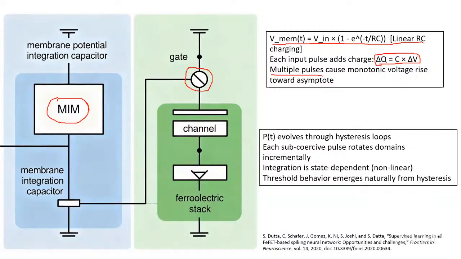Now, what is important, similar to this, we can assume that polarization P(t) is the potential. Sorry, polarization in the ferroelectric material can be changed, and when the polarization changes, the potential will obviously change, and that gate can be called a membrane potential.